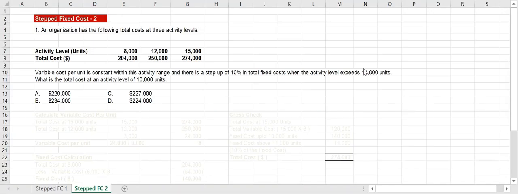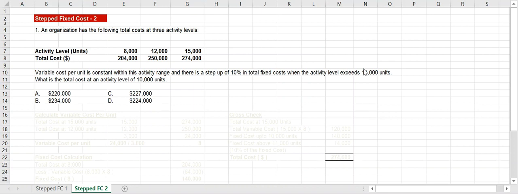Today I am going to continue my discussion on step fixed cost. Now in this question, you are given three activity levels and corresponding total cost. In a question like this, we should identify how to split variable cost and fixed cost.